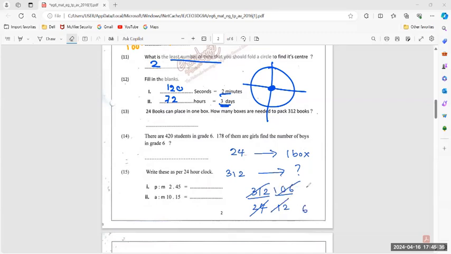Here it's 6, here it is 13. So you need 13 boxes.